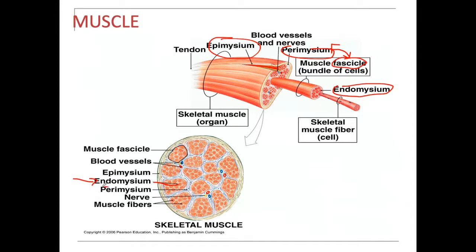And then we have the perimysium, which is surrounding a bunch of those. And then we have the epimysium surrounding all of those fascicles or all those clusters of perimysium, right? Another name of this is a fascicle, but what surrounds it is the perimysium, okay?